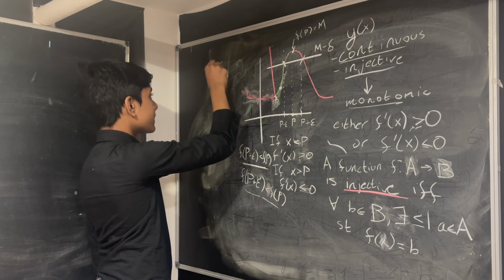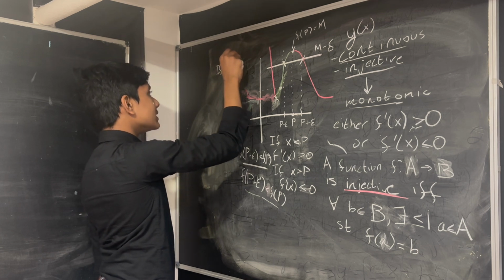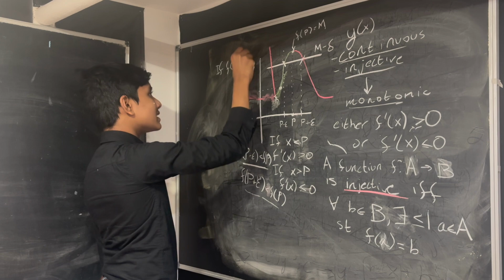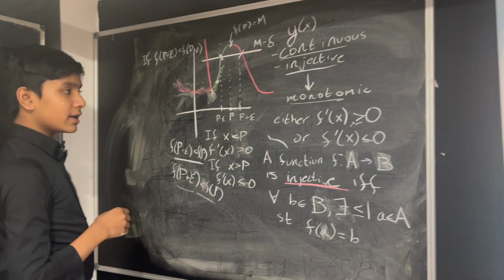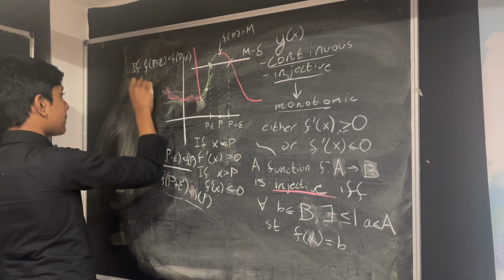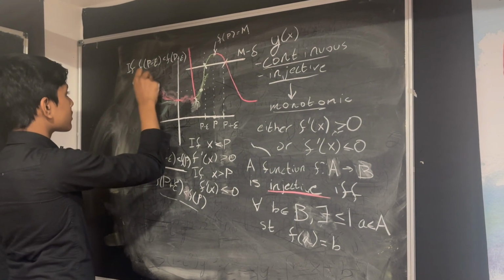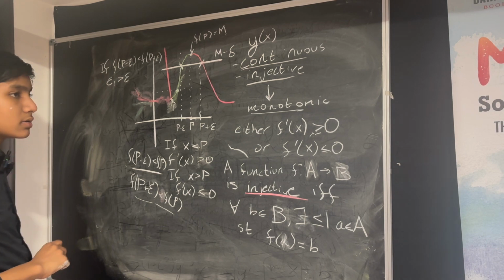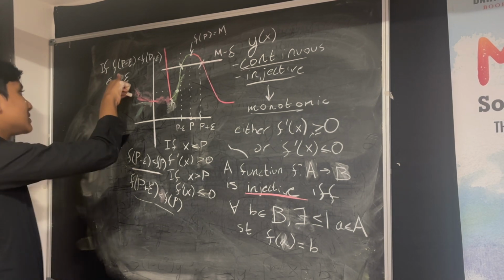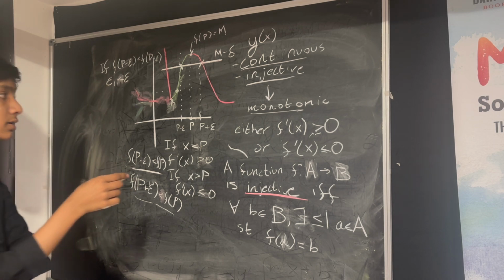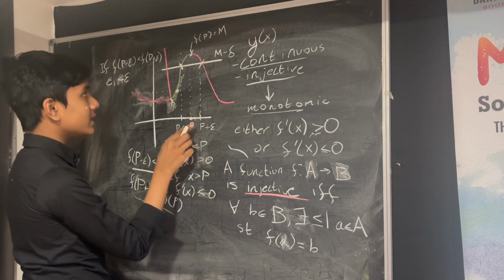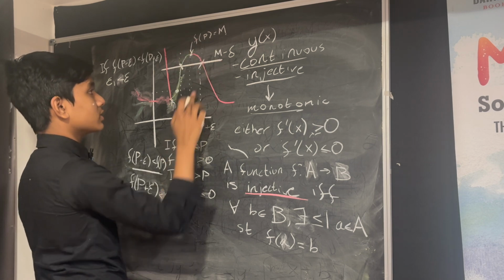If f of p minus epsilon is less than f of p plus epsilon, just create a new variable, epsilon 1, that is less than epsilon. Yeah, less than epsilon. So, for example, in this scenario, it's totally equal.